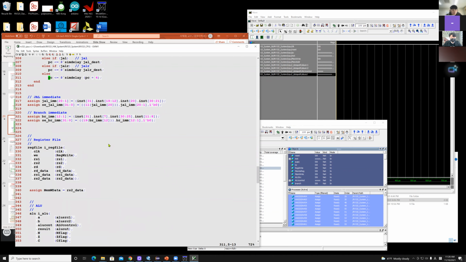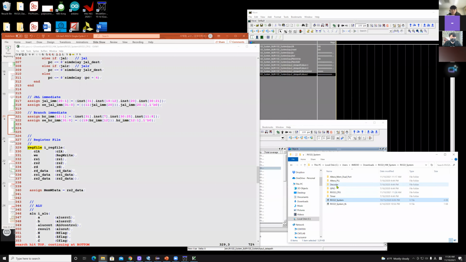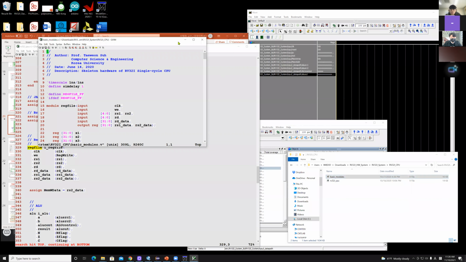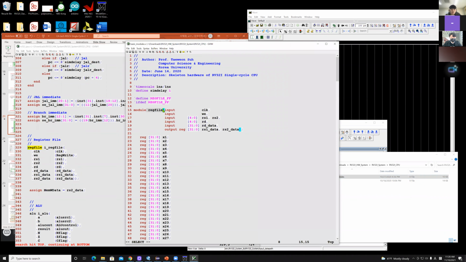You can observe everything actually about the register file because we designed it. Where is the register file? Go to here, and CPU basic modules, right? So here we have reg file, register file.